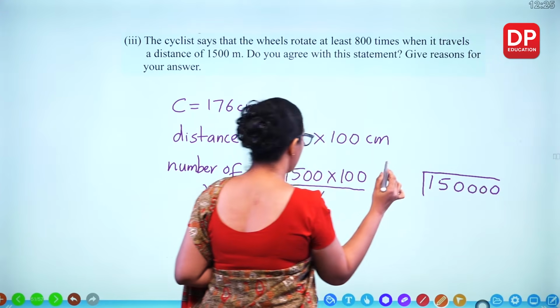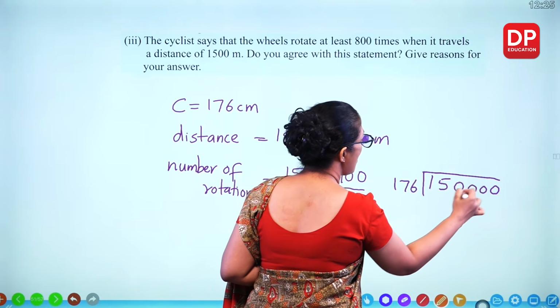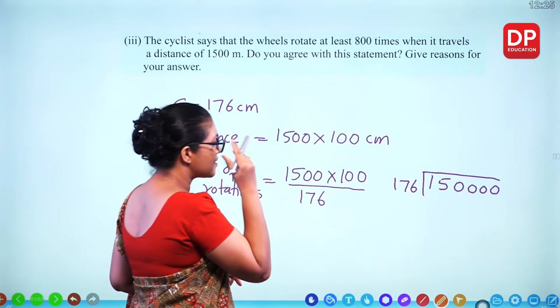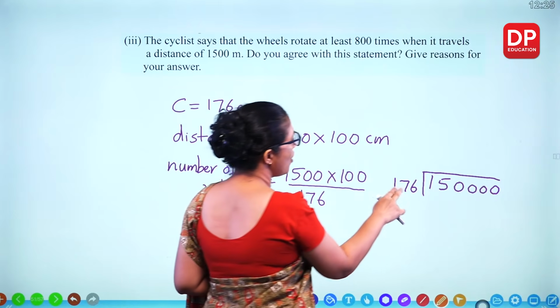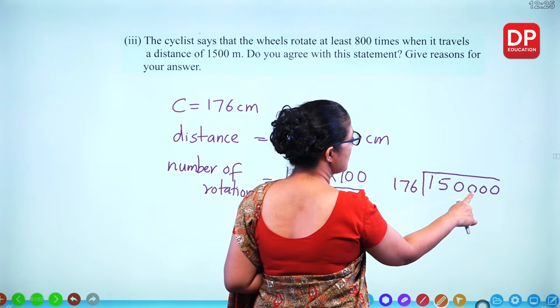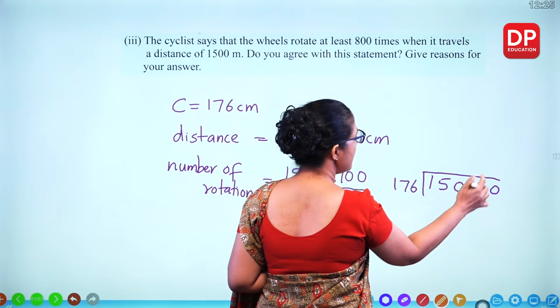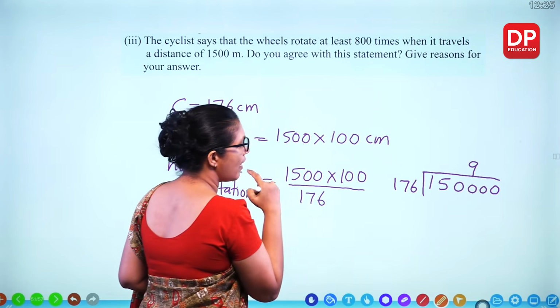Divide by 176. This is nothing. How many 176s are there for this value? So we'll take 9 or 8.